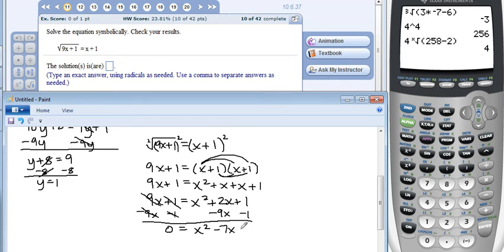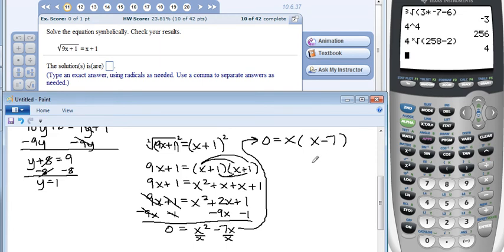This is not one of those easy trinomials because it's missing that back piece, but I do see a GCF. I see a GCF of an x. If I divide both of these by x, I've got an x minus 7 left over.